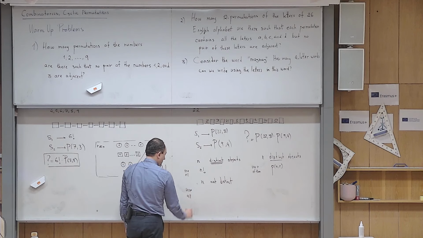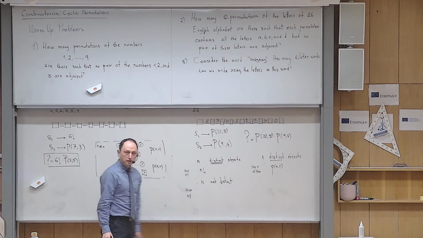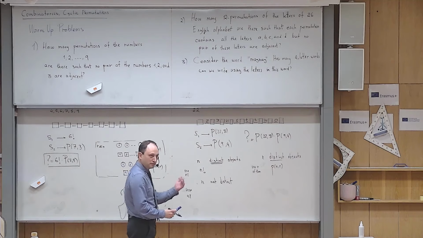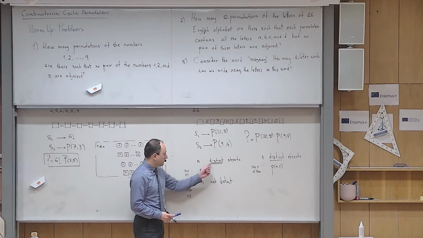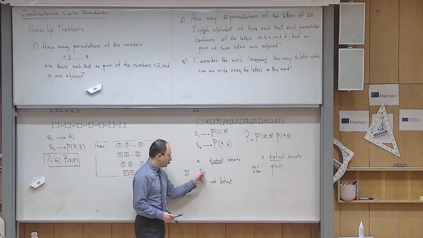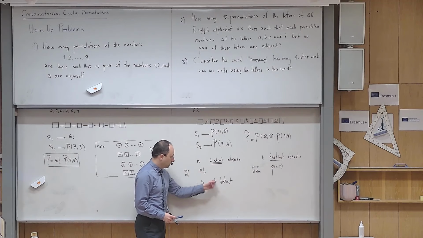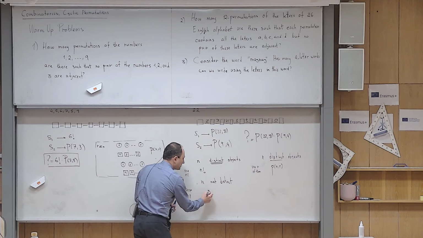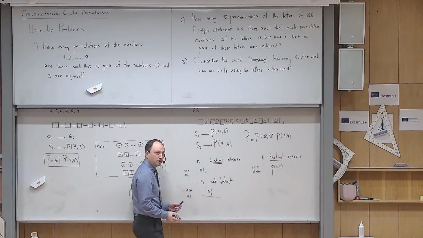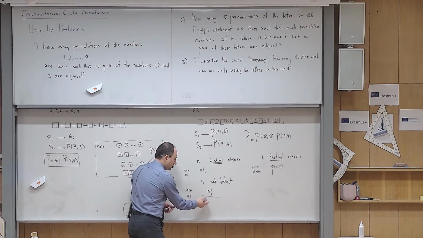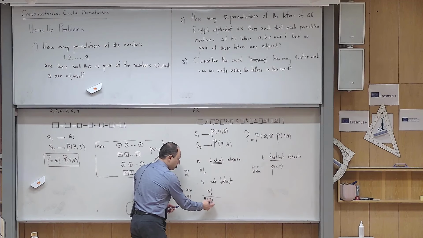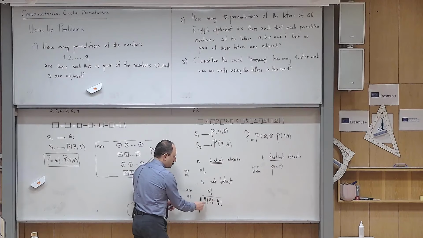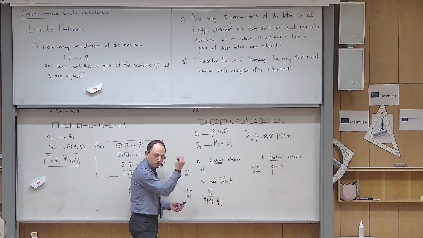Do I have a formula again? Do you remember what the formula was? The repetition model formula, yes? Be careful. N distinct, use all of them, n factorial. N not distinct, use all of them, we have a formula. The formula looks something like this: n factorial divided by n1 factorial, n2 factorial, up to nk factorial. If I ask you what these are, they are the number of repetitions of each object.